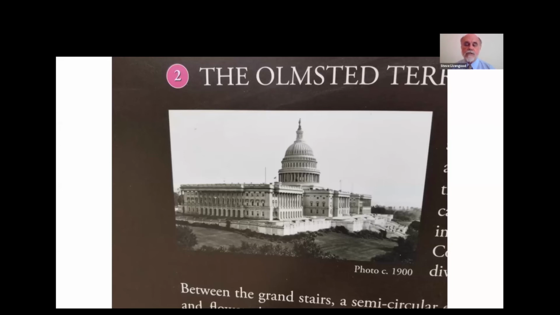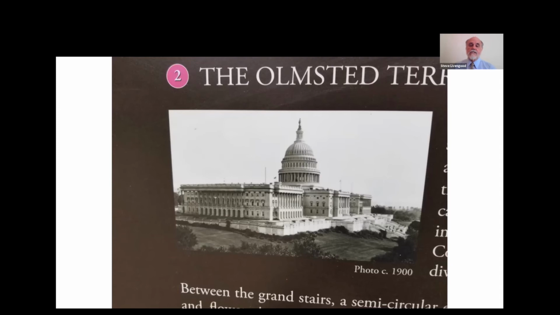Unfortunately, for security reasons, you can't get up on the terraces anymore, and so you don't see the view. I remember standing up there at the bicentennial and watching the fireworks show in what's about the center of the terrace here. But you can't get up there anymore, unfortunately, because they would have to have guards all over the place and it gets the public too close to the building on that side.